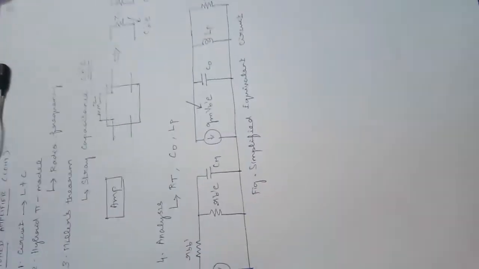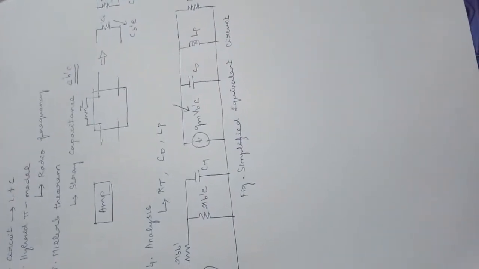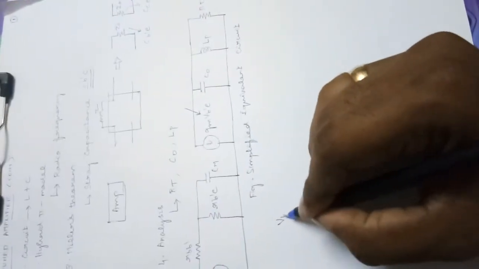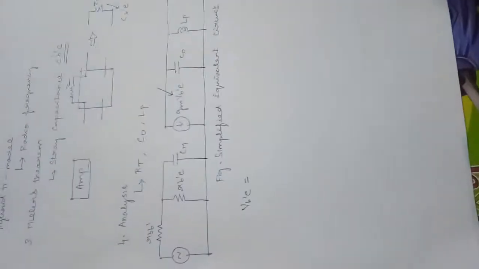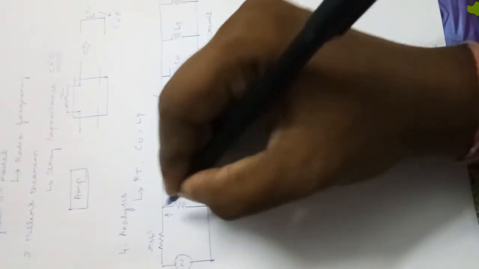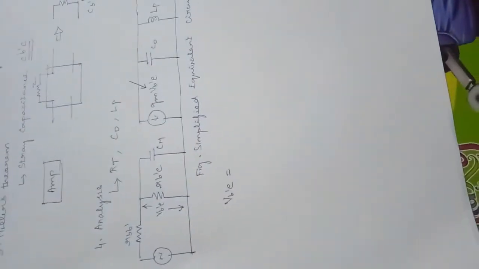Then we have a term named Vb prime E. We computed Vb prime E using the voltage division rule. That is, Vb prime E is available at the input side of the circuit.